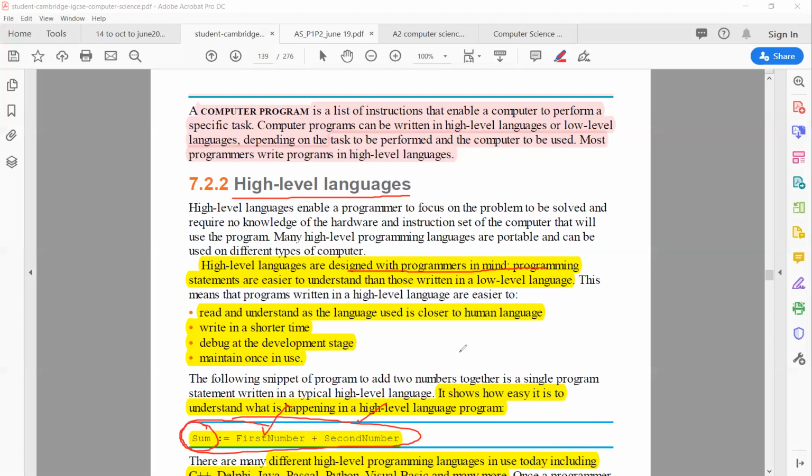So that makes sense. Let's say if you want to multiply two numbers, x multiplied by y, you can store the result in z. So this is a high level instruction. A high level programming language is easier to understand, to write the program, to debug the program, and to maintain the program.